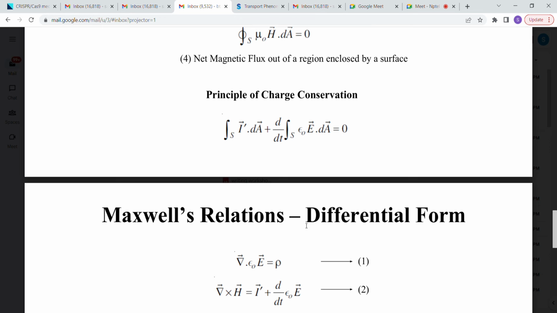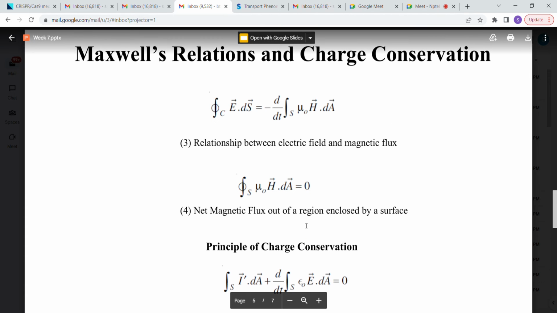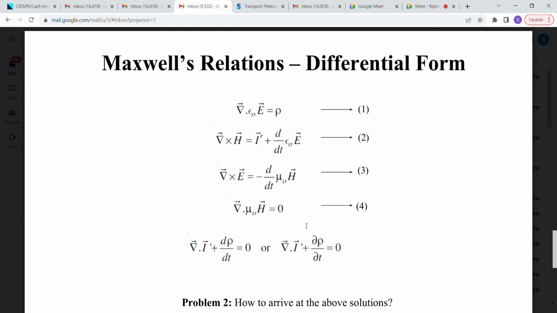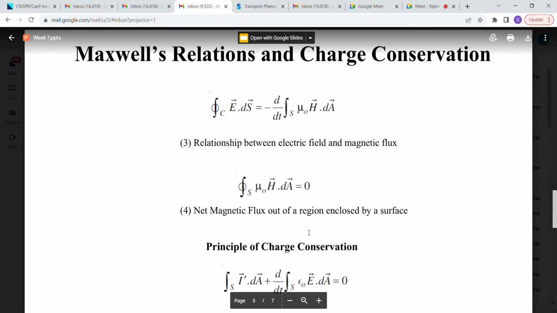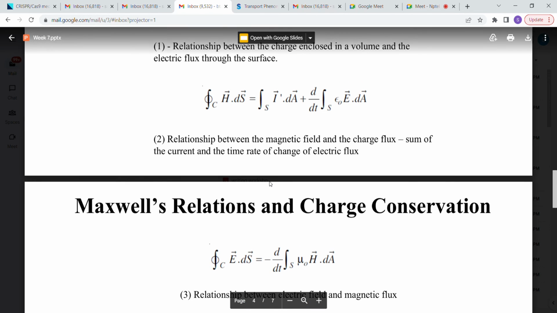Now all of this is in integral form, so we need to change it into differential form, but there is one problem. In some cases it's a surface integral, and in some cases it is a contour integral.